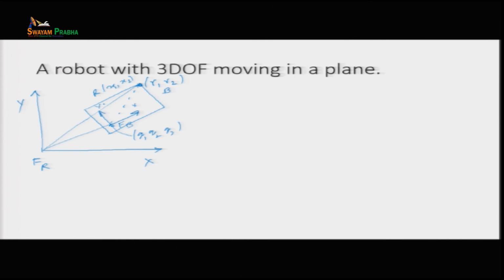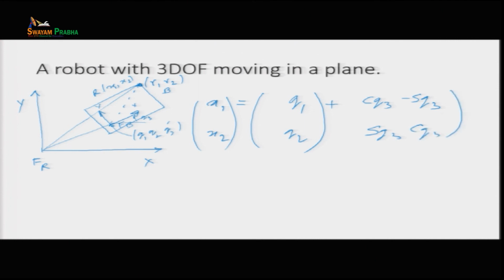So, if you write down the equation, this is actually my angle, this one is Q3. X1 and X2, if I write it in matrix form, is equal to Q1 Q2, which is the point here, plus there is a rotation matrix: cos Q3, minus sin Q3, and sin Q3, cos Q3, and this is R1 R2.